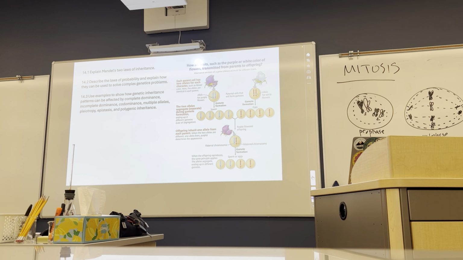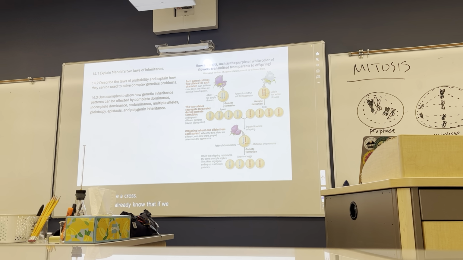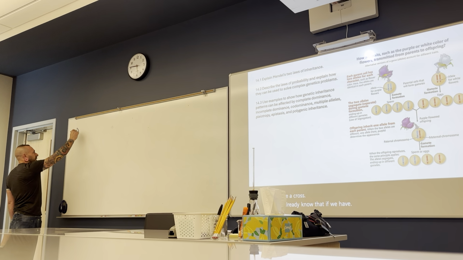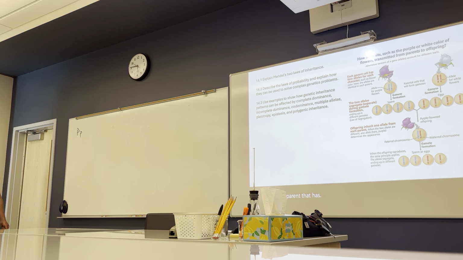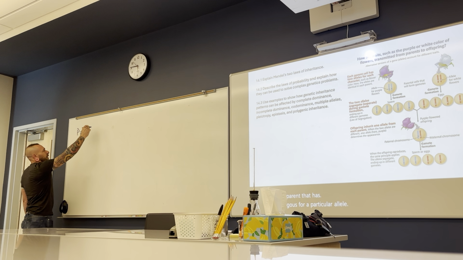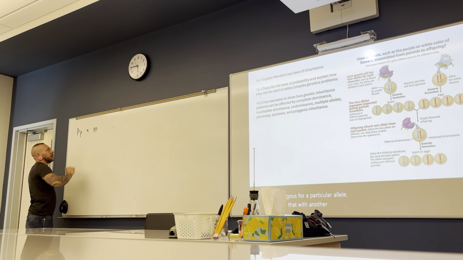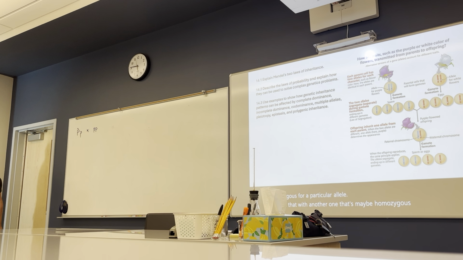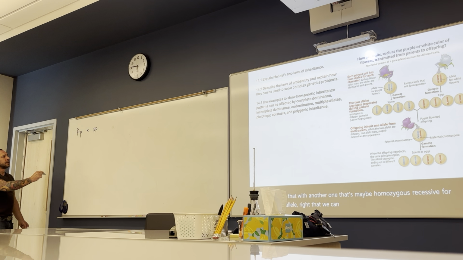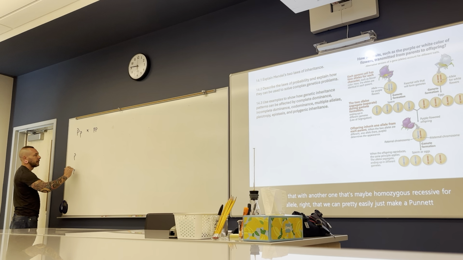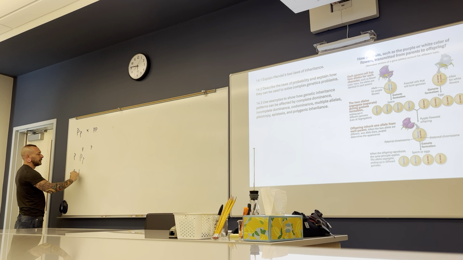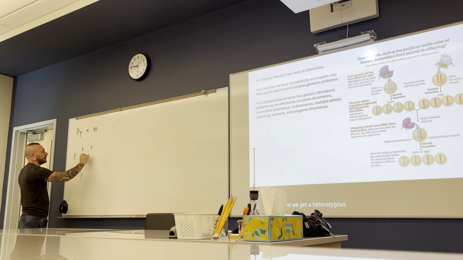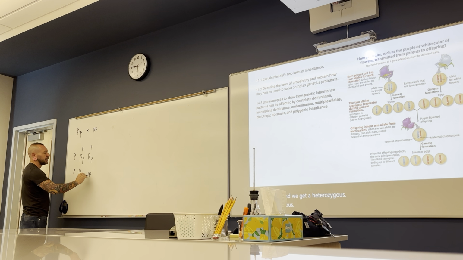So let's take a cross. We already know that if we have one parent that is heterozygous for a particular allele, and we cross that with another one that's maybe homozygous recessive for that same allele, then we could pretty easily just make a Punnett square, and we get heterozygous, heterozygous, heterozygous, and in this case, homozygous.